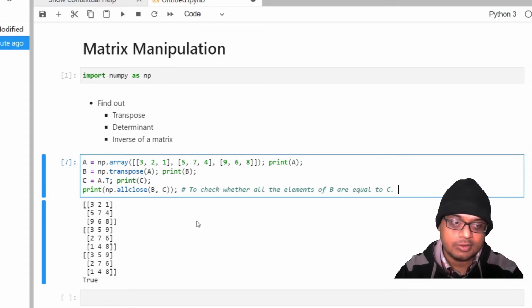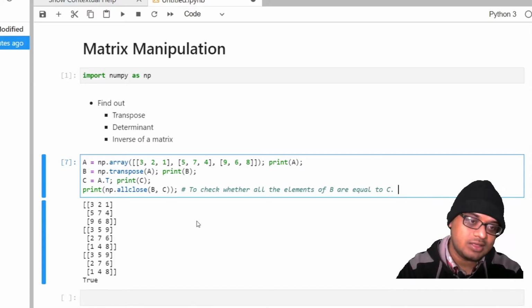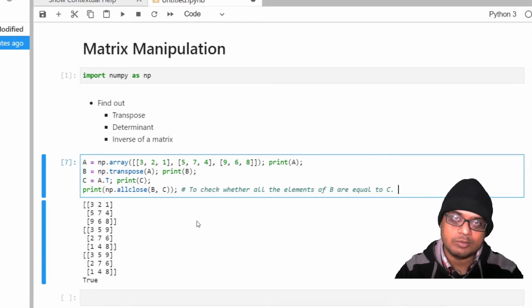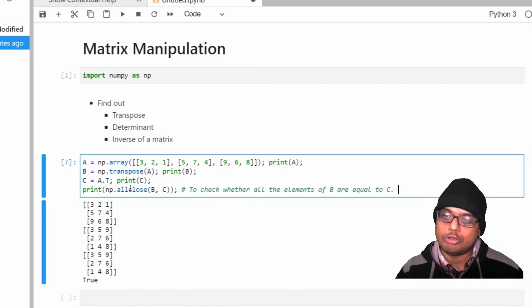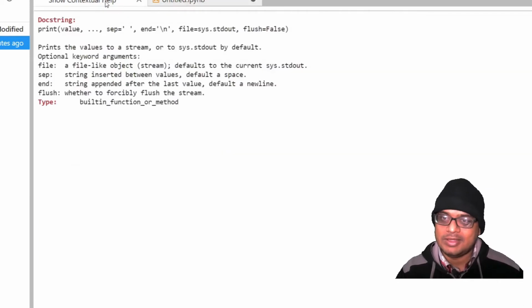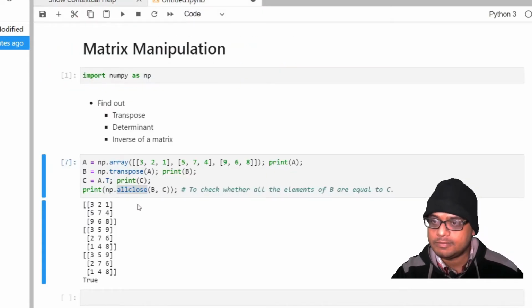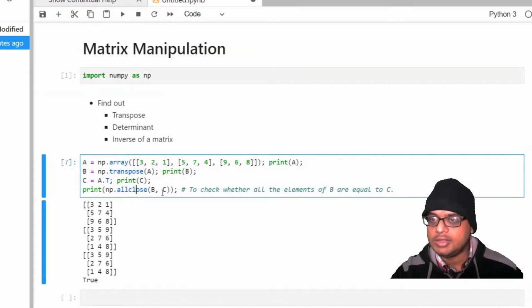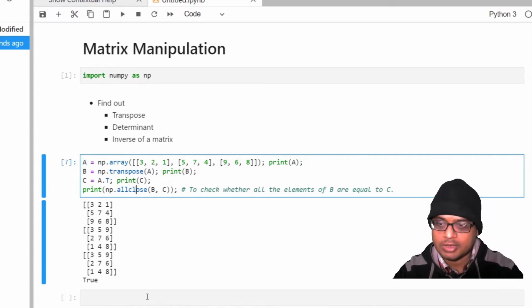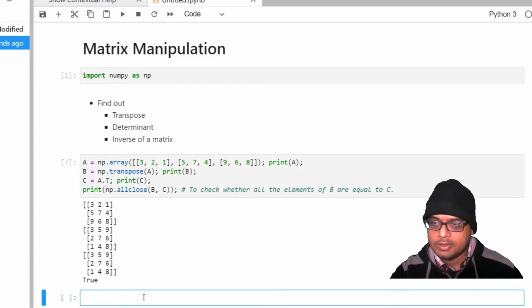Often 0.0016 and 0.001599 have to be interpreted as the same number. That's why it's called allclose. In fact, in the function allclose, you can specify the tolerances. It's not showing it in the help, but you can specify the tolerance. We'll encounter this later on as well. So let us continue.